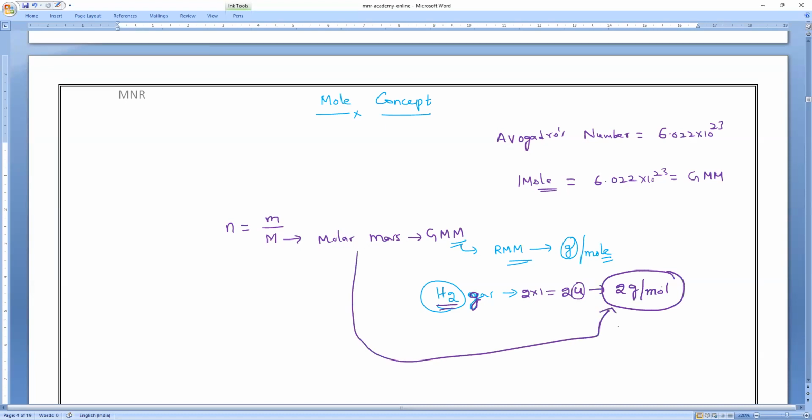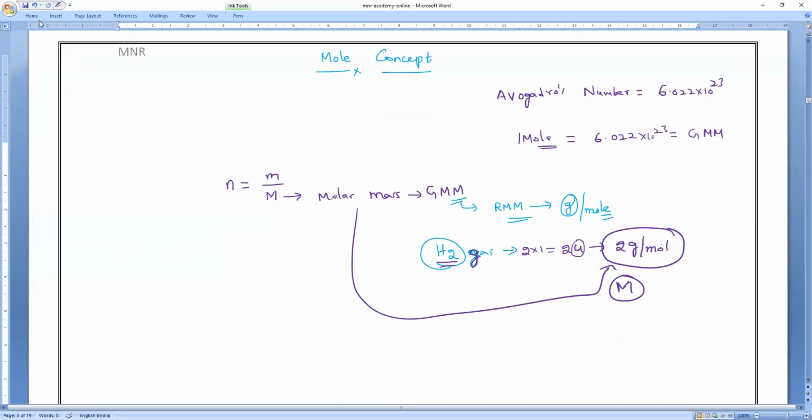Am I right or wrong, all of you? Writing the atomic mass or molecular mass in the form of grams, we call it the gram molecular mass, or we can say molar mass. Till here, I hope you all understand. Anybody having any doubt, you can ask me, or else we'll proceed further.